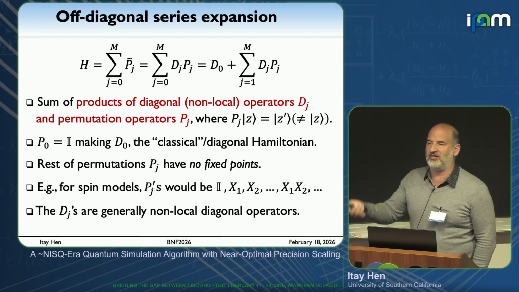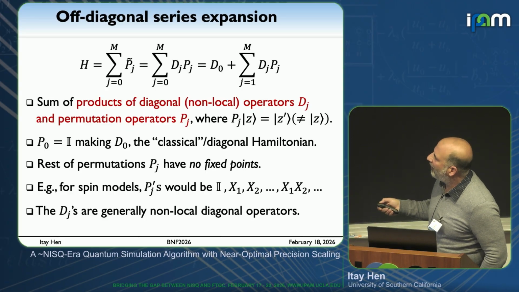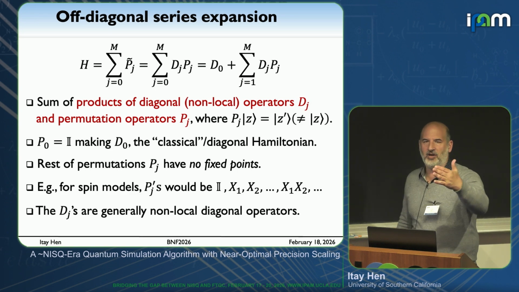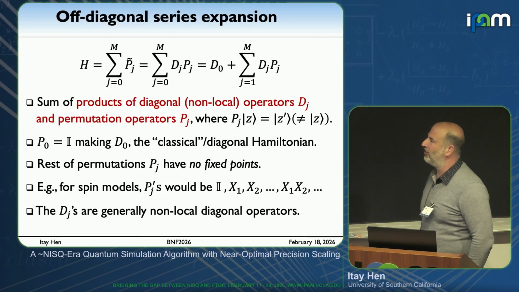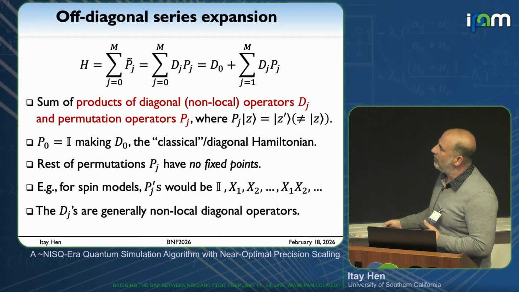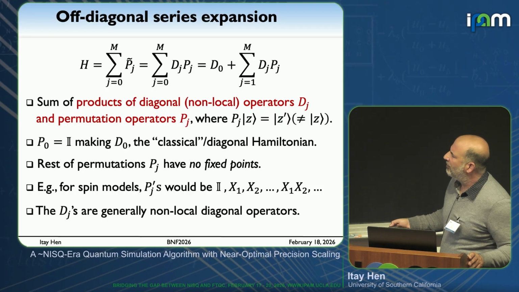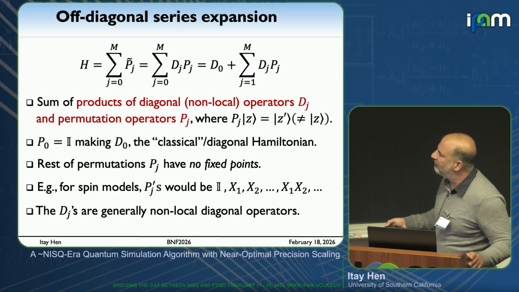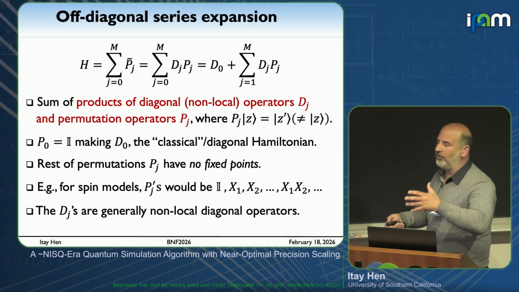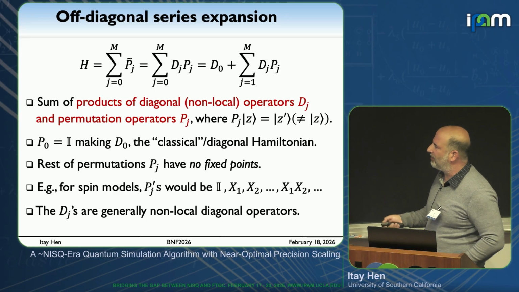what are the permutations in the spin-half framework? The permutations are, in fact, just the Pauli X strings, right? Because an X operator, when it acts on a computational basis state, it just flips the state, so it permutes it. This is a much more general theory, but for all intents and purposes, our permutations are just all those X and XX that appear in the Hamiltonian.